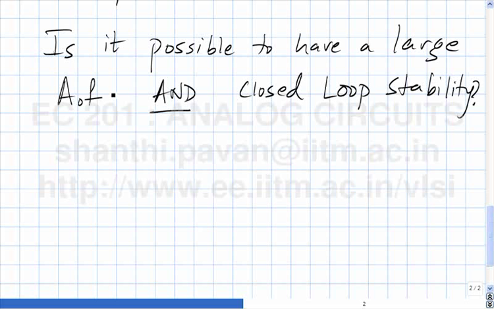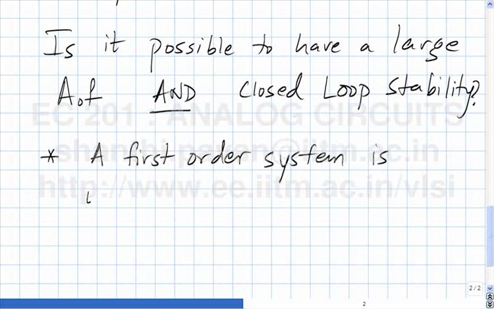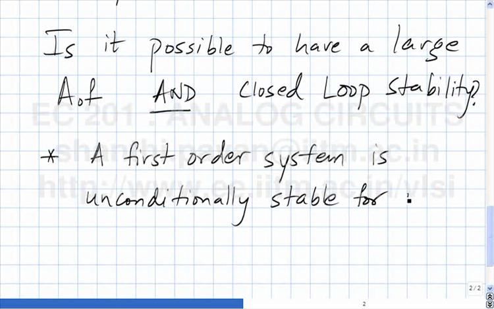The points I wish to point out from our previous discussion are the following. One, a first order system, when I say first order system, I mean the power amplifier is first order, is unconditionally stable for all A0F.